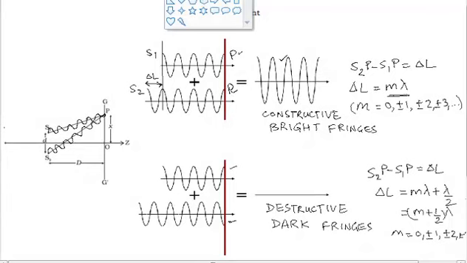See, in this case, if you look at the path length difference, now we have a point P on the screen at which we are considering the waves.